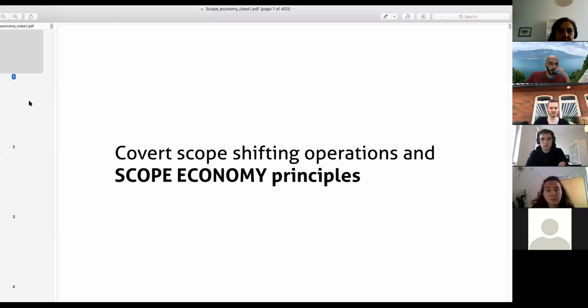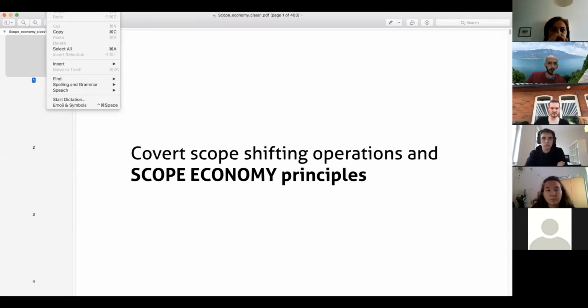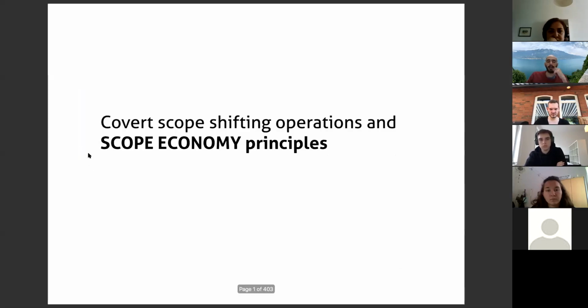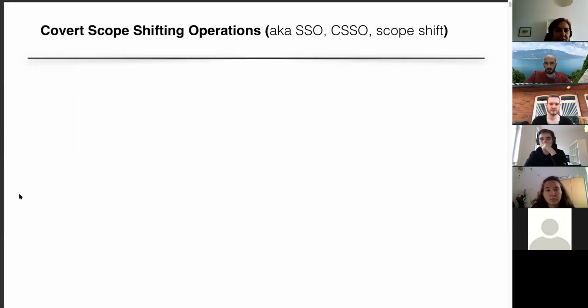Right. So now that we have seen a little bit about how this experiment works and how we can test different interpretations assigned to different sentences against a scenario, let's go back to our theory and let's have a look a little bit at when this scope shift operation is allowed, okay?